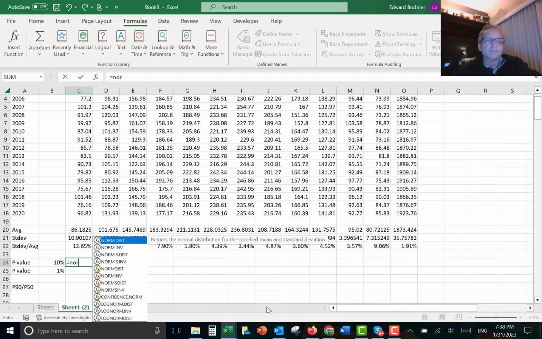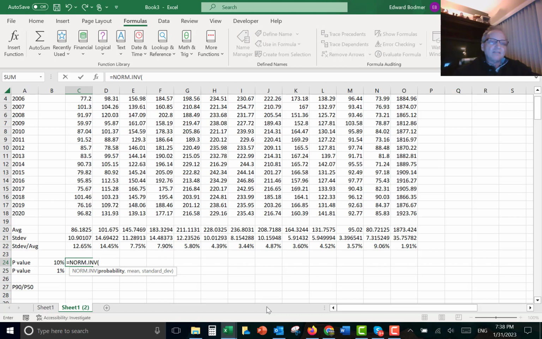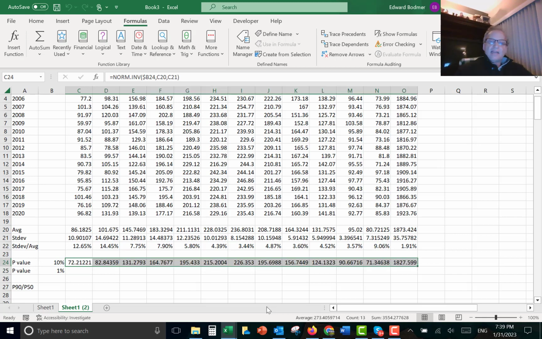But if you put norm inverse, and then you put this probability in, and then you put the average, and then you put the standard deviation, and if we had a percent, we could have done this. It will give you a number, okay?